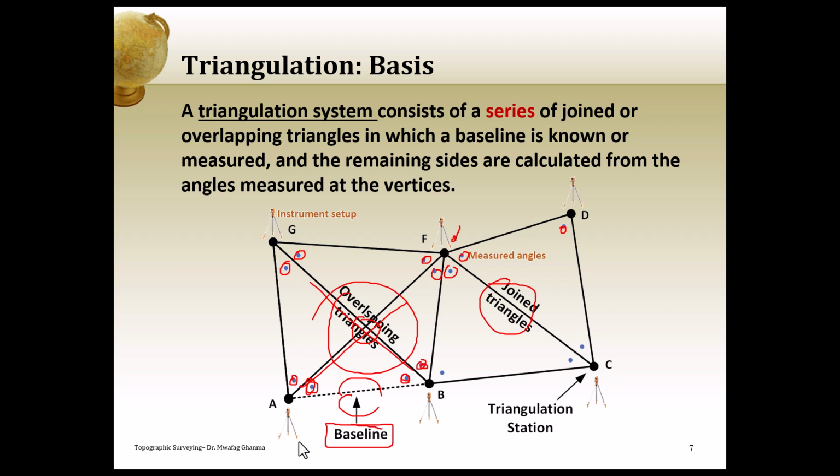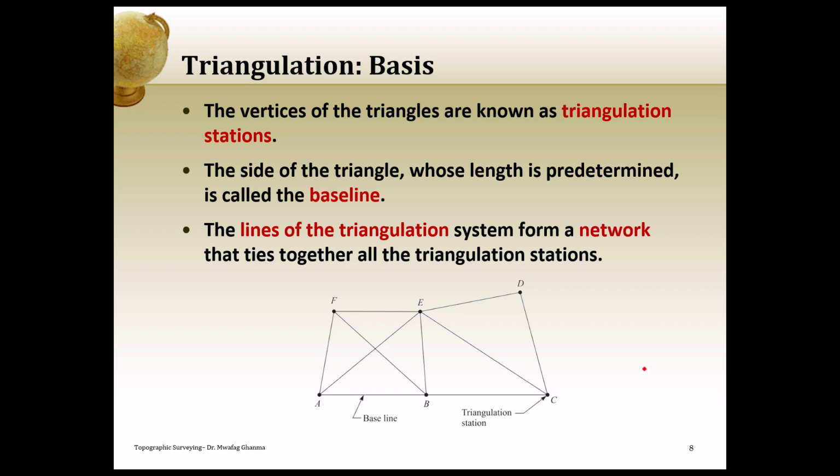The stations that we have here, we call them triangulation stations, as you can see here. We have the baseline, which is the only line that we measure, and we measure all the angles that we have here. Now, what about these?